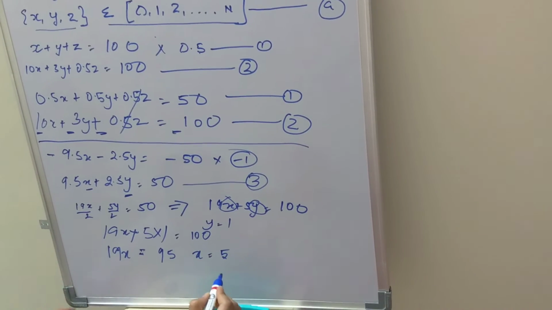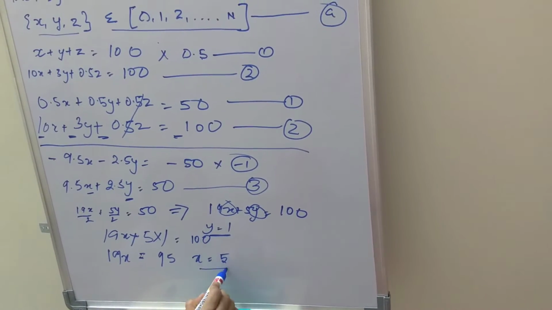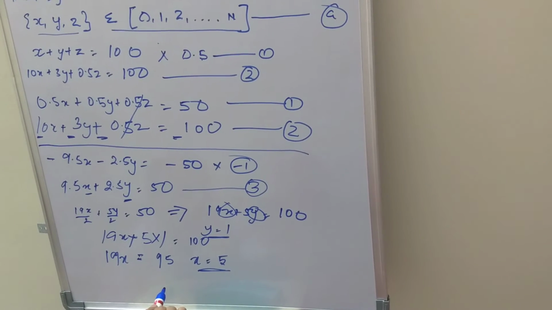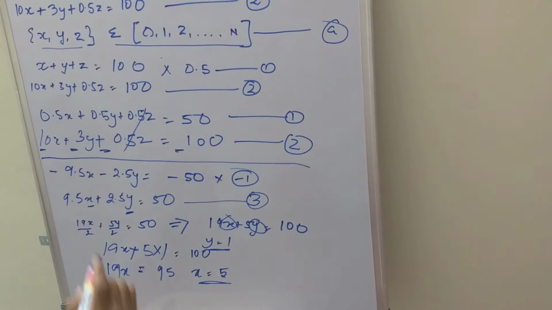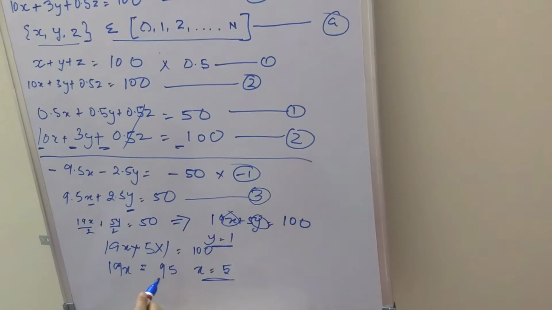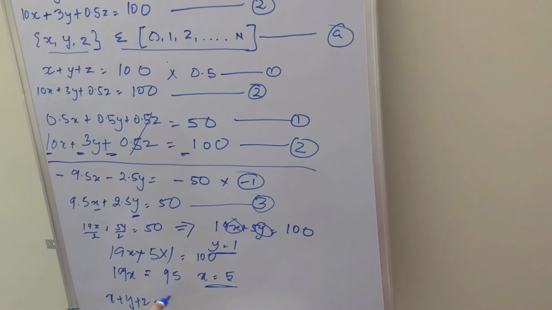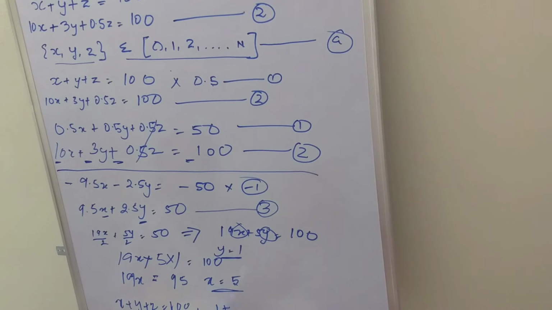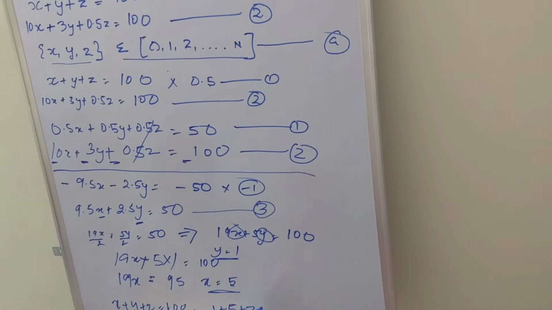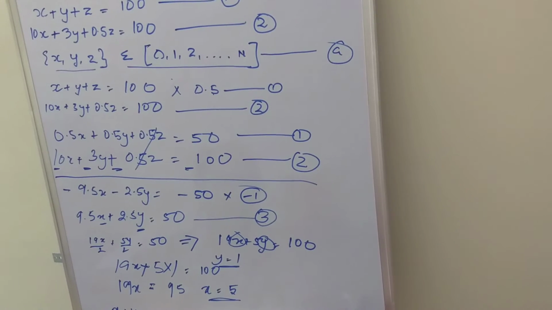So you see that if you put y equal to 1, you get x equal to 5. And if you substitute x and y in your first equation, x plus y plus z is equal to 100, you will also get z: you put 1 plus 5 plus z is equal to 100. You get z is equal to 94.